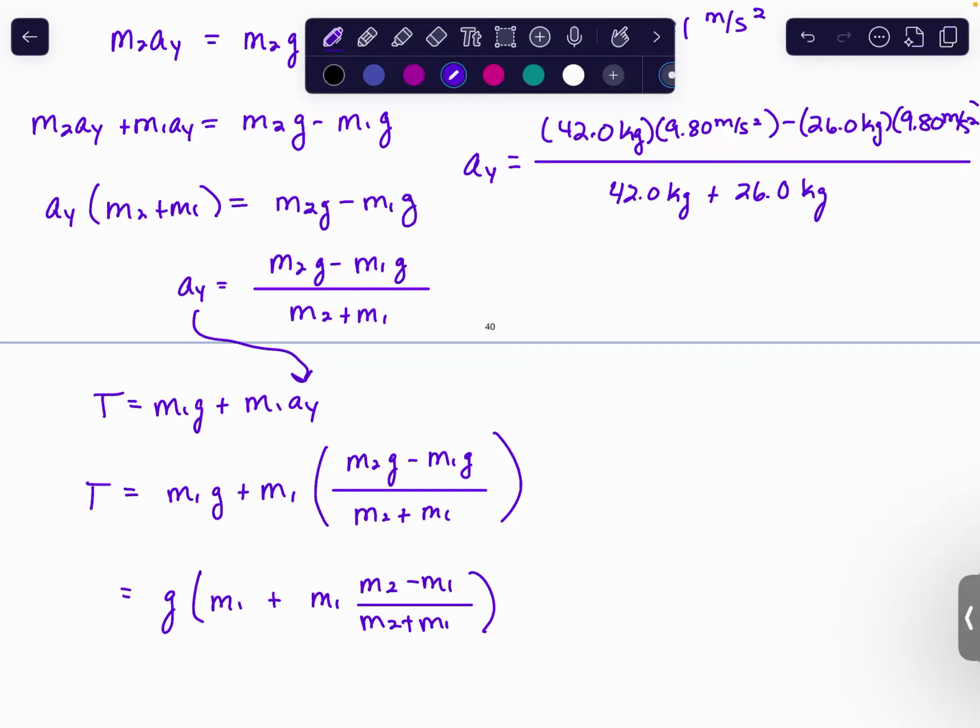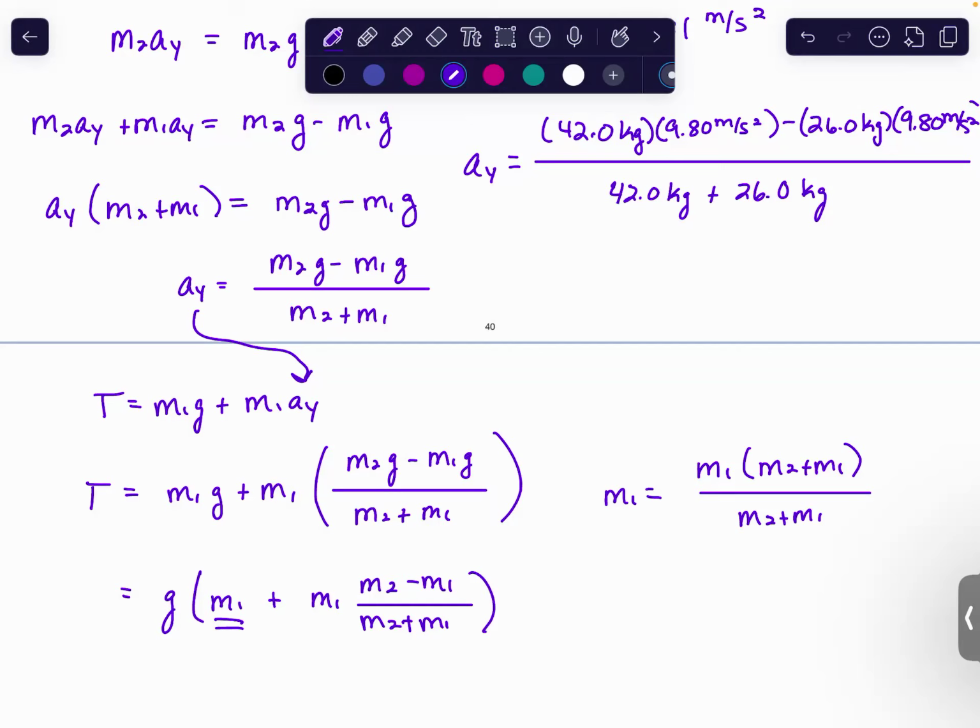So you notice here that on the right side, we have a fraction with a denominator of m2 plus m1. So what we can do, take that m1 there, we're going to make it so we're going to take the denominator from the right side and just put it over itself.